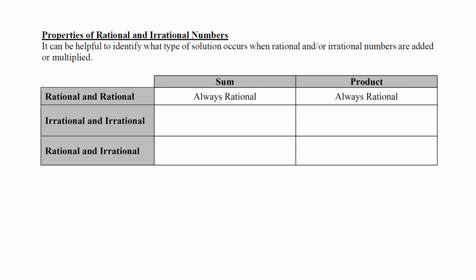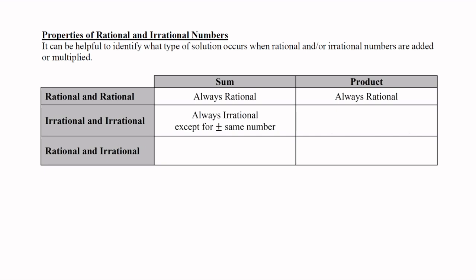Now, what happens if you take two irrational numbers and you add them? Or you take two irrational numbers and you multiply them? So let's talk about the sum first. Well, it gets a little bit tricky. Two irrational numbers added together are always irrational, except if you have the positive and negative version of the same number.